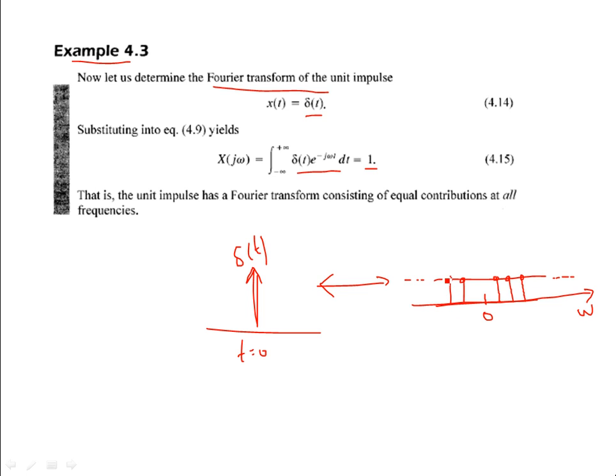Therefore, it's just like the spectrum of white light, where all the visible spectrum is contributing to make it white. You have all the colors that make it white. So the unit impulse has a Fourier transform consisting of equal contributions at all frequencies.